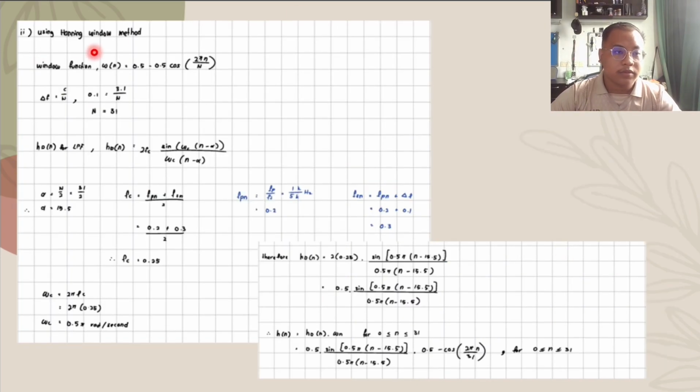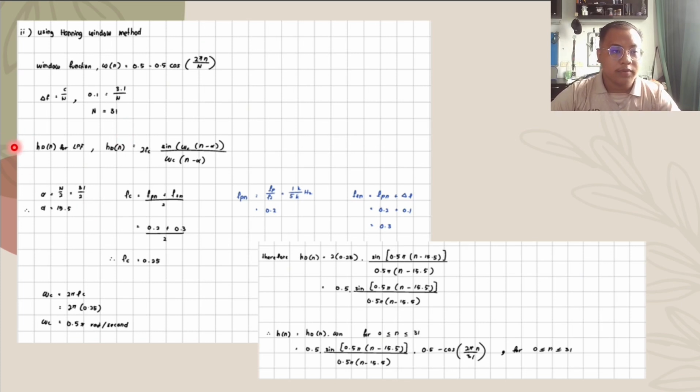For question 2, using the Hanning window method, where w(n) is 0.5 minus 0.5 cos 2 pi n over N, the first thing we need to find is the number of N. Delta f equals C over N, where 0.1 equals 3.1 over N, which gives N equal to 31.